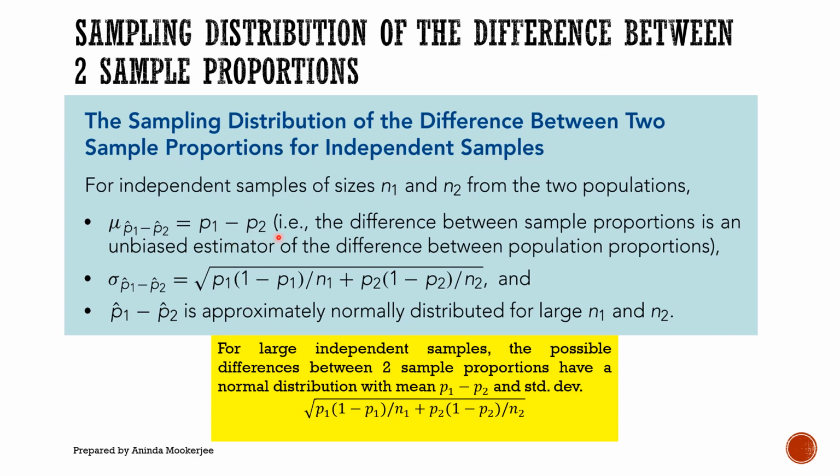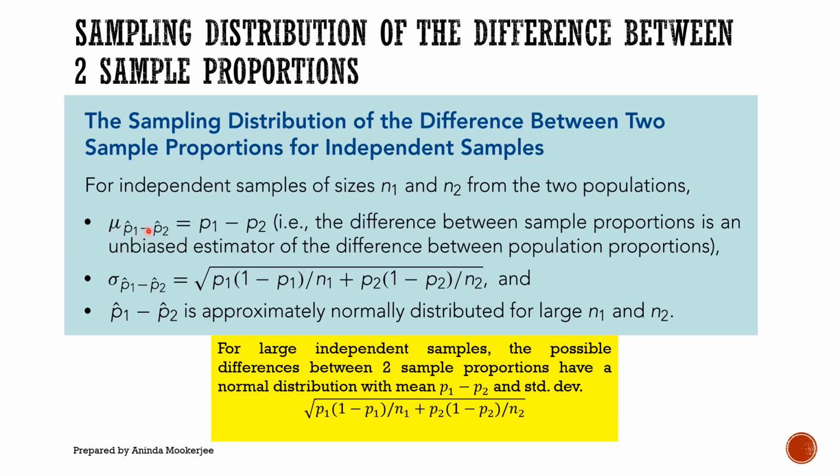So let's look at what the sampling distribution looks like, how the samples are distributed. And in any sampling distribution, we talk about the mean, we talk about the standard deviation, and the nature of the distribution, whether it's normally distributed or whether it's right skewed, and so on. So it says the sampling distribution of the difference between two sample proportions for independent samples, mu of p hat sub 1 minus p hat sub 2.